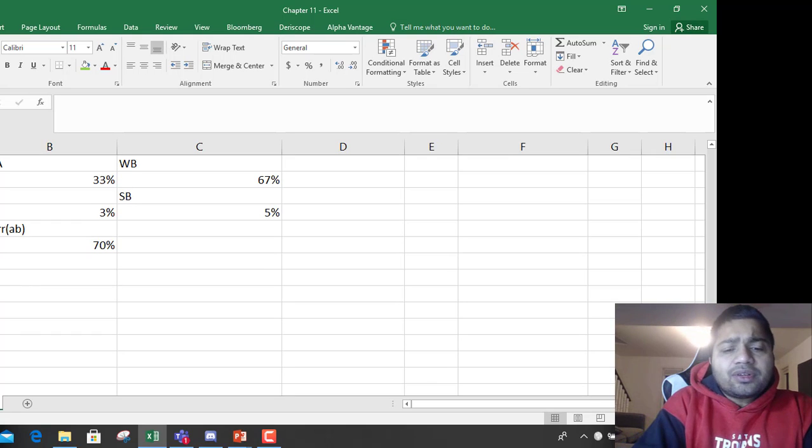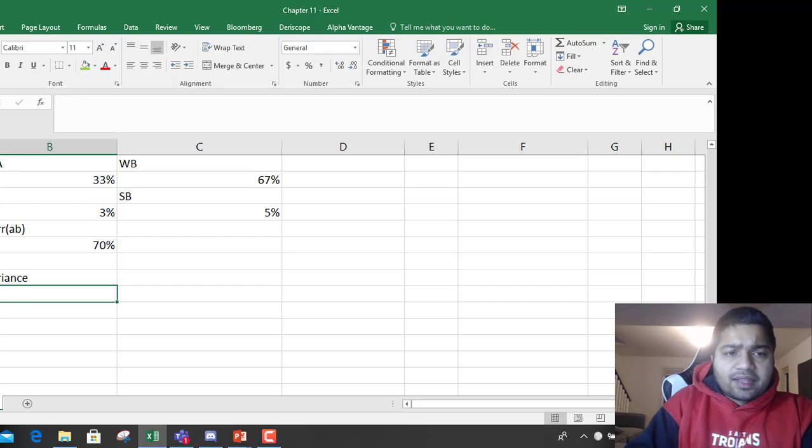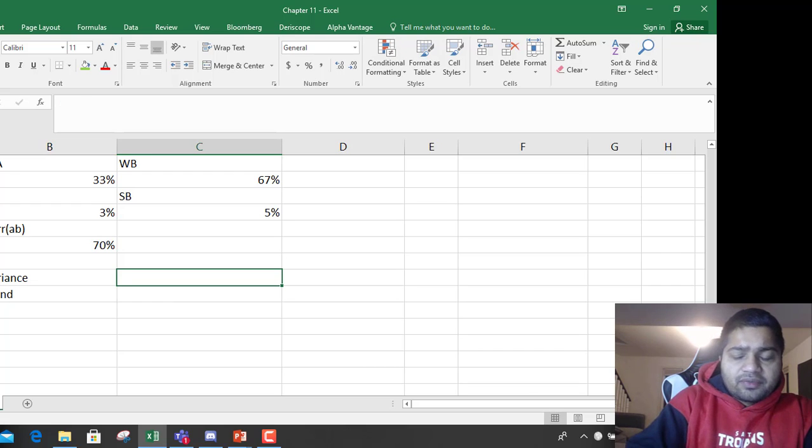We have to find out the risk. It's a two-step process: find out variance first and then find out standard deviation. So how to calculate variance?